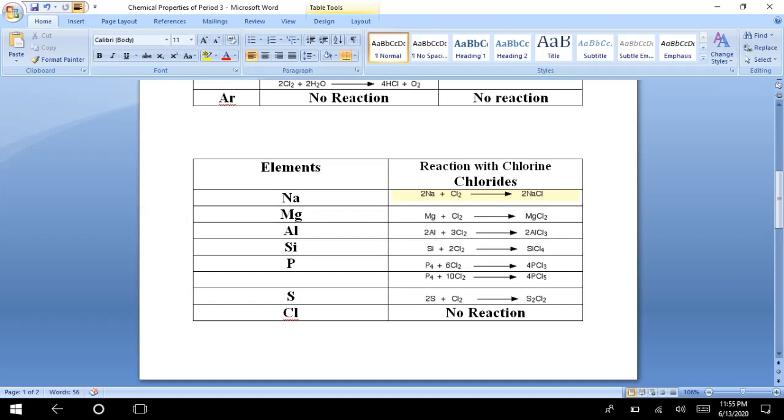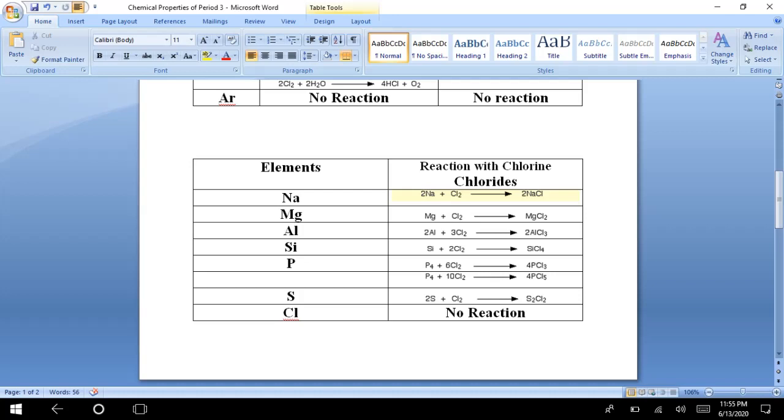So next we move towards the reaction with chlorine. Whenever an element reacts with chlorine, it forms a chloride. First of all, when sodium burns in chlorine, it gives a bright orange flame, and it produces sodium chloride, which is white. That is actually the salt that you use in your home. Next we have magnesium.